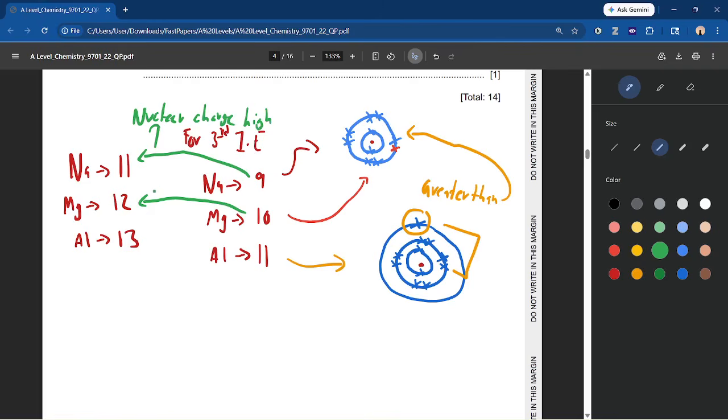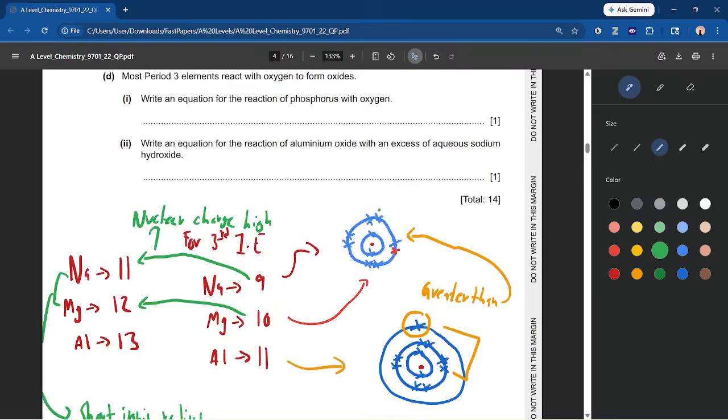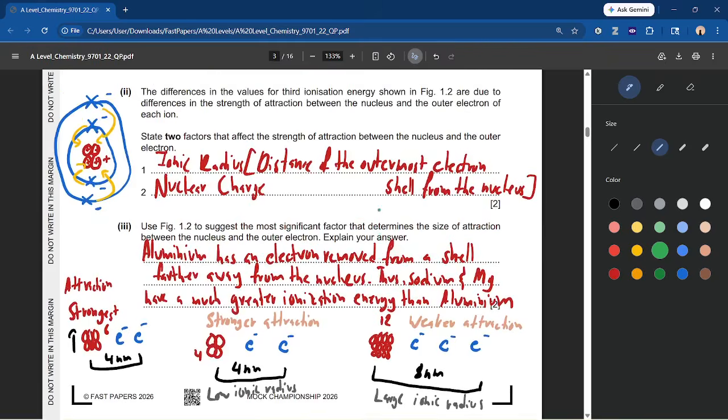So not only do they have a short ionic radius, so both sodium and magnesium have short ionic radius, and a large nuclear charge, which is why they're the greatest between all these elements, and why it's more than aluminum.